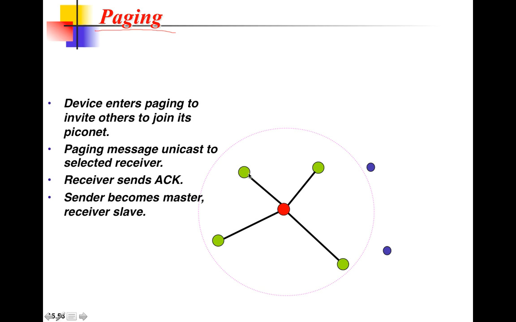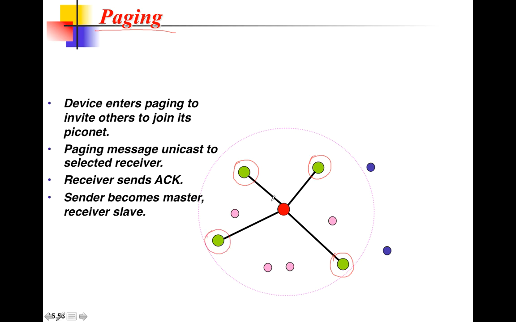The device, if it wants to join, will send back an acknowledgement. And then these green devices mean that they are now part of the piconet.